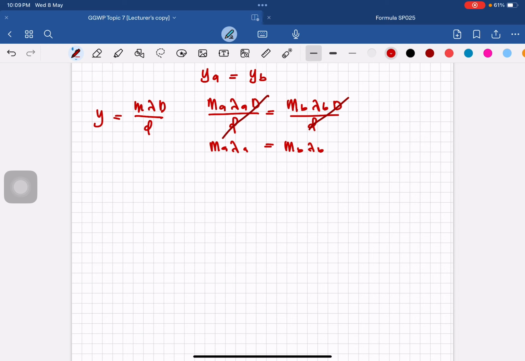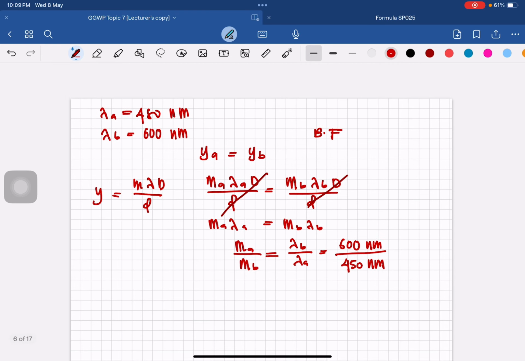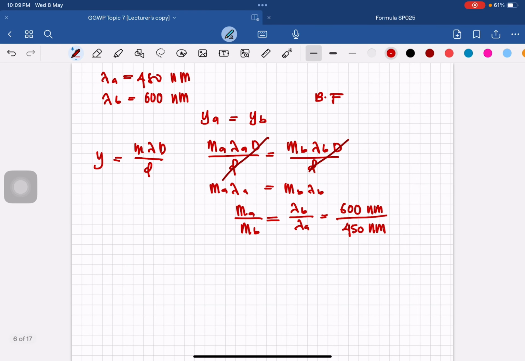So sekarang ni kita boleh cari the ratio between this. So it will be M_B over M_A equals λ_A over λ_B. Okay, so sekarang kita substitute je lah. 600 nanometer bahagi dengan 450 nanometer. Oh, sorry, 480 nanometer.